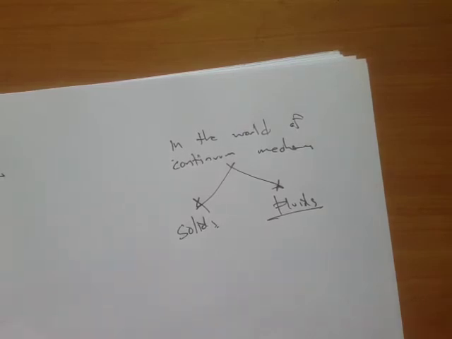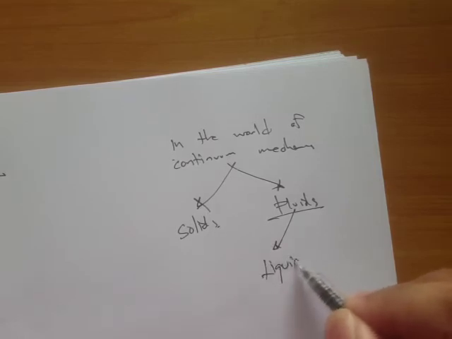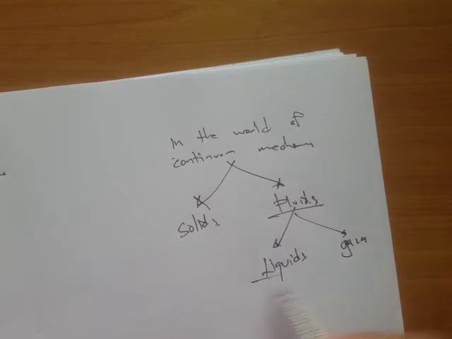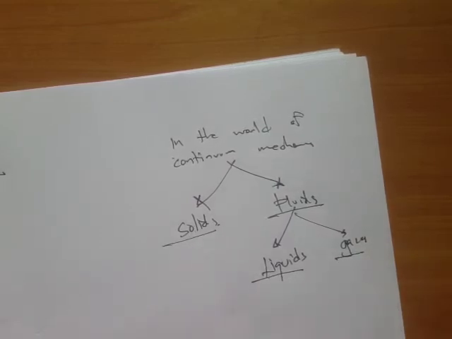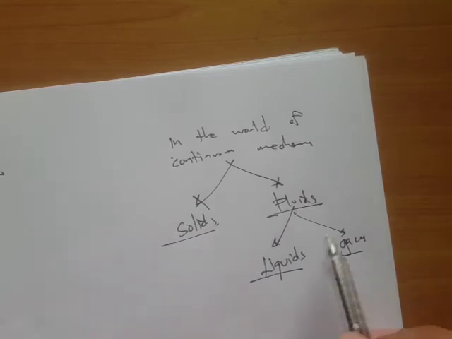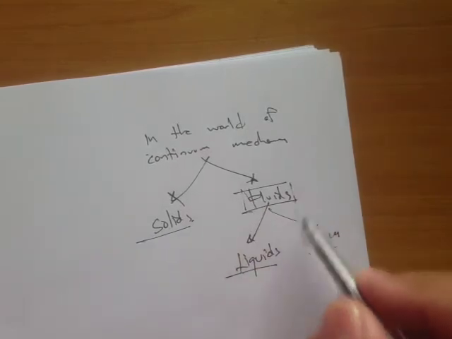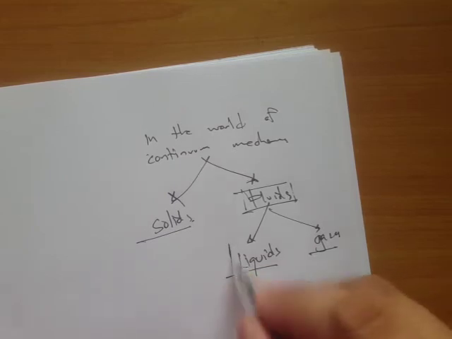And in fluids we have liquids and gases. Okay, so this is our atomic view of matter. We have solids, liquid, and gas. But in the continuum view of matter, we only have fluids and solids. And we say fluids encompass the liquids and the gases.